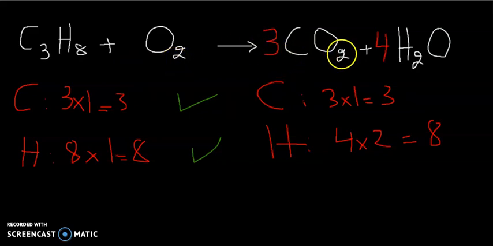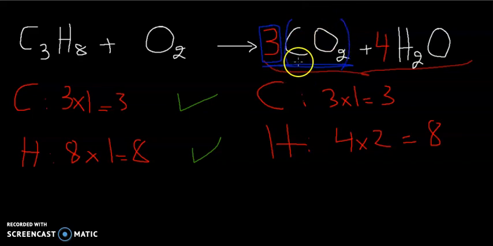I have oxygen in these two compounds. So, look what I should do. I should start with the products here. In carbon dioxide, in CO2, since you changed the coefficient, so this is 3 now, this 3 belongs to the whole molecule, not just for carbon.